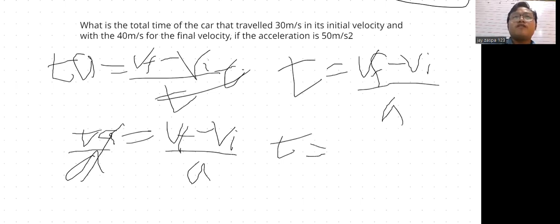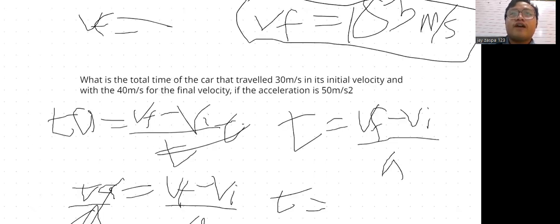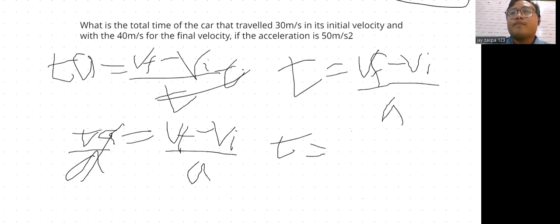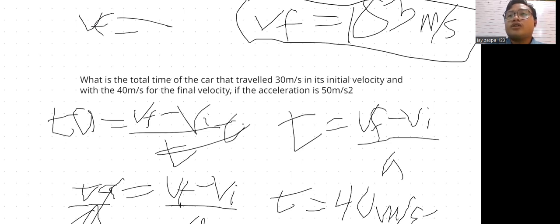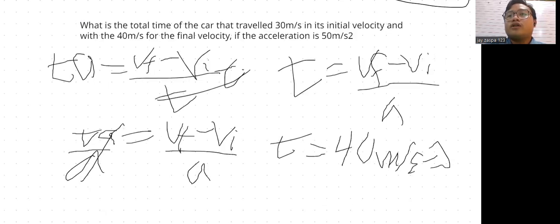So what is the velocity final? Velocity final is 40 meter per second. We put 40 meter per second, minus the velocity initial, that is 30 meter per second.